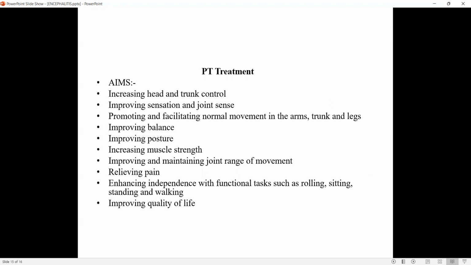The physiotherapy treatment aims. What are the aims of the physiotherapy treatment?